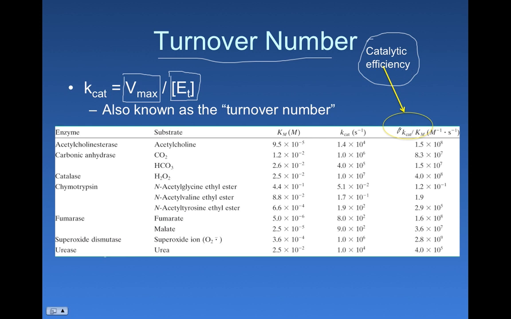Catalytic efficiency takes that kcat and divides it by the Km, which, as we know, provides enzyme substrate binding information. And so in order to have a high catalytic efficiency, you need a high kcat and, again, a low Km. A low Km indicates high affinity between enzyme and substrate, and that's going to give you a high catalytic efficiency.